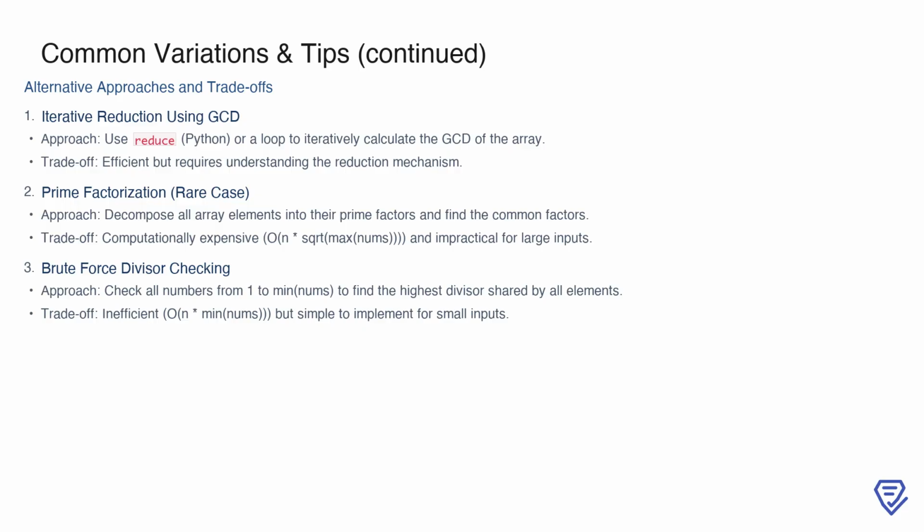However, this method is computationally expensive, with a time complexity of O(n * sqrt(max(nums))), and is generally impractical for large inputs. Finally, there's the brute force method of checking all divisors of the smallest number in the array to find the highest one shared by all elements. This is simple to implement and works well for small inputs, but its time complexity of O(n * min(nums)) makes it unsuitable for larger arrays. Choosing the right approach depends on the constraints of the problem and the size of the input.